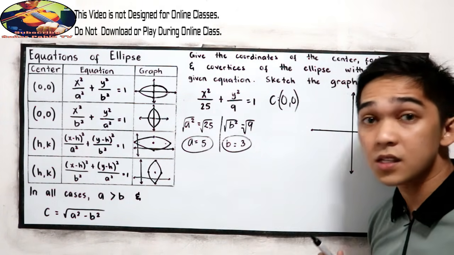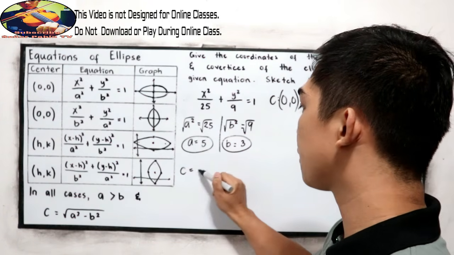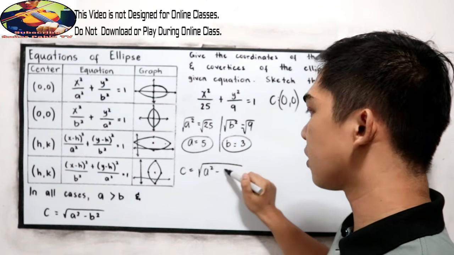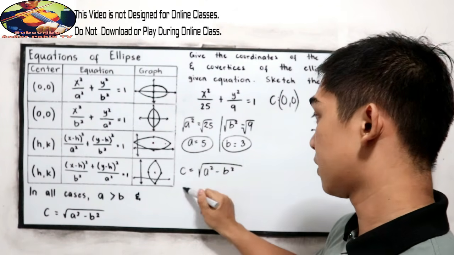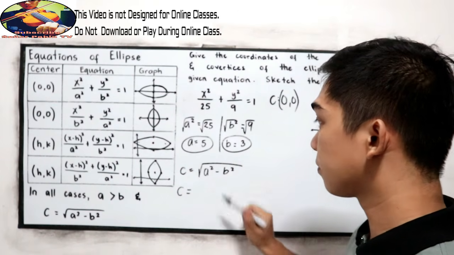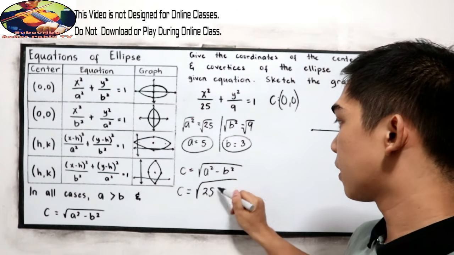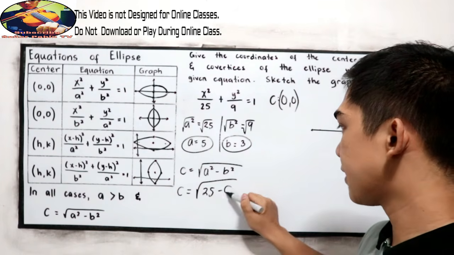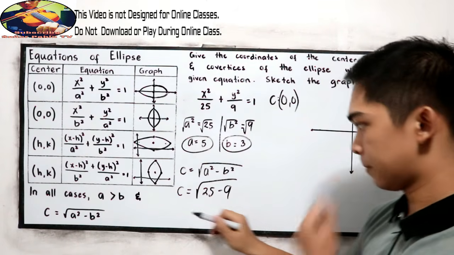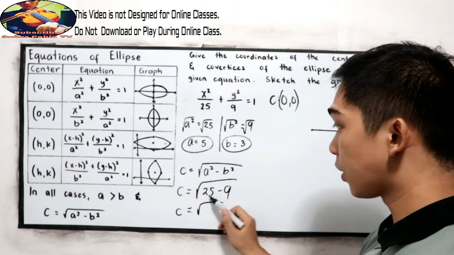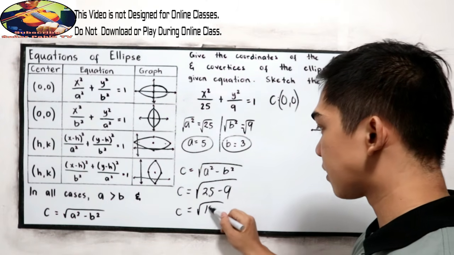Now let us find the c. So c is equal to square root of a squared minus b squared. So 25 minus 9. C is equal to square root of 25 minus 9, that is 16.